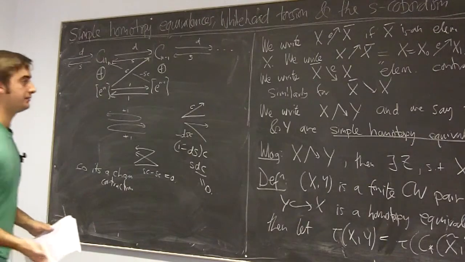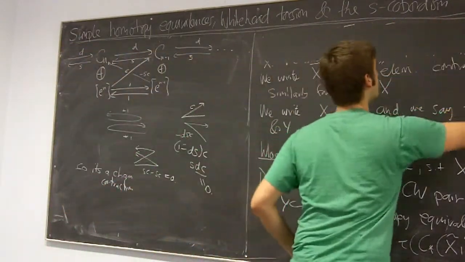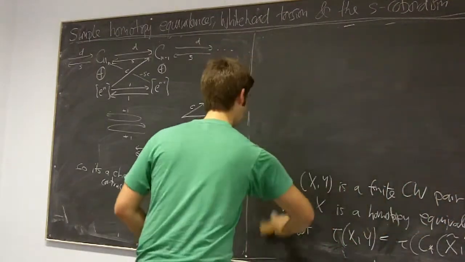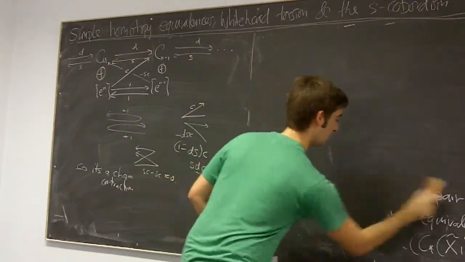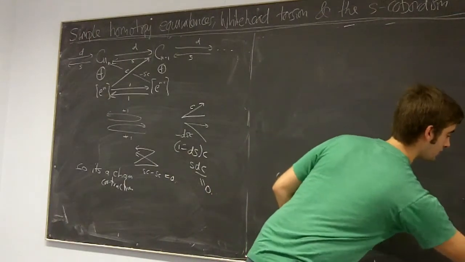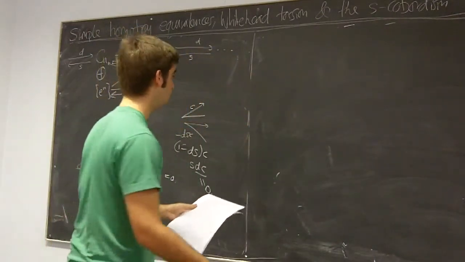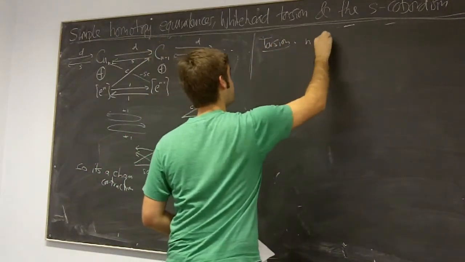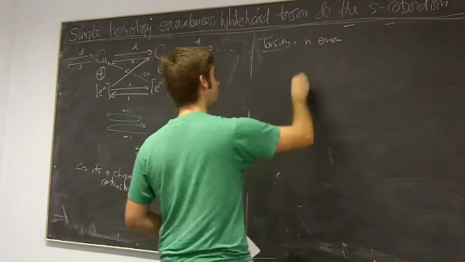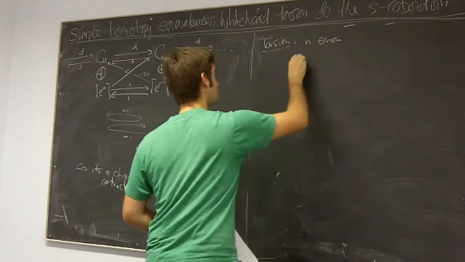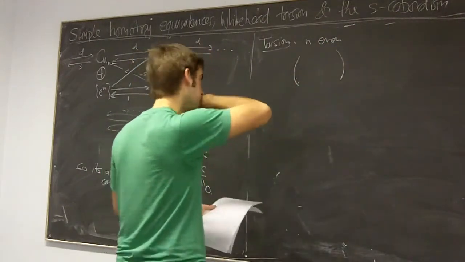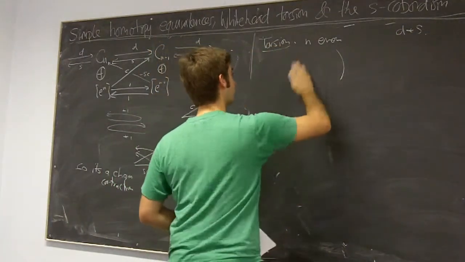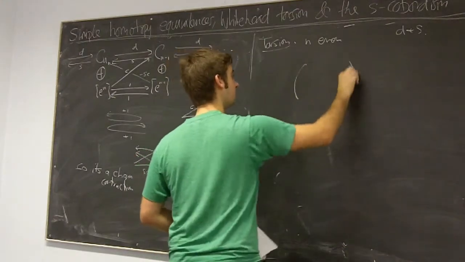Now let's look at what happens to the torsion. So if n is even, then our new matrix for d plus S is, I need more space than this.